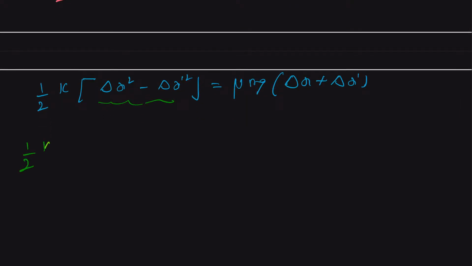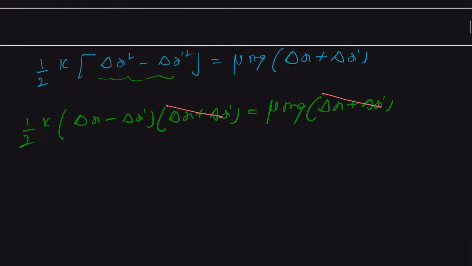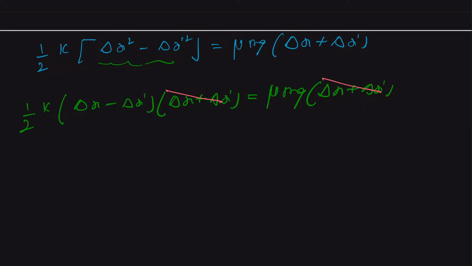So we get half k, we have a square minus b square, and this will be plus delta x prime is equal to mu mg delta x plus delta x prime, and these two terms are going to cancel out. Therefore we can write that delta x minus delta x prime will be equal to 2 mu mg upon k.